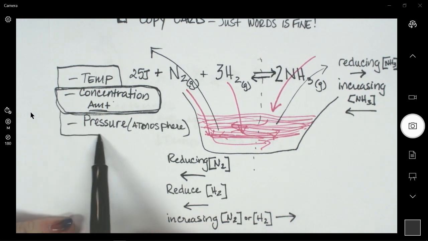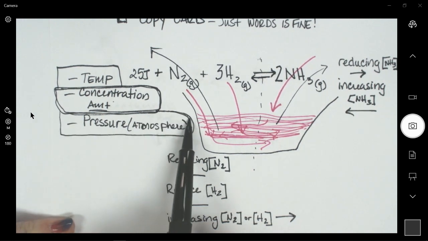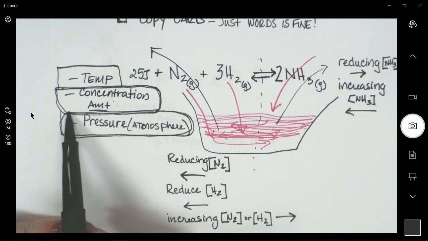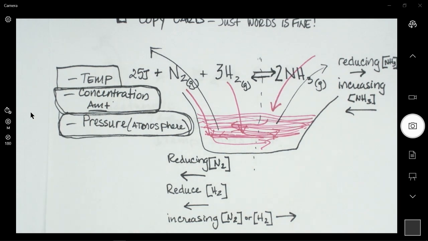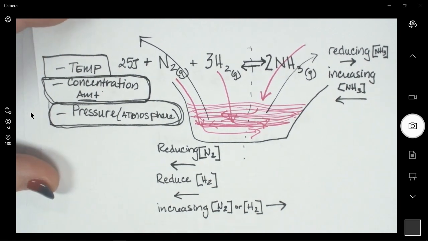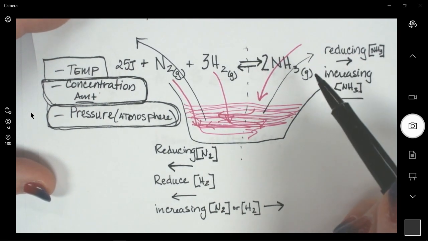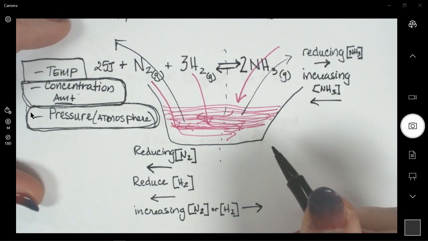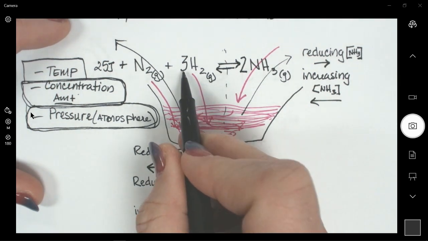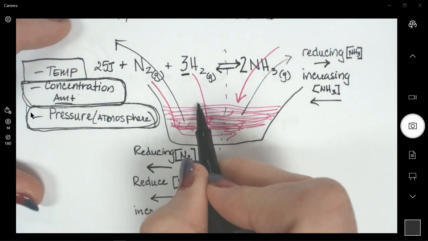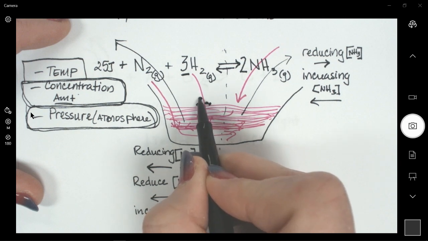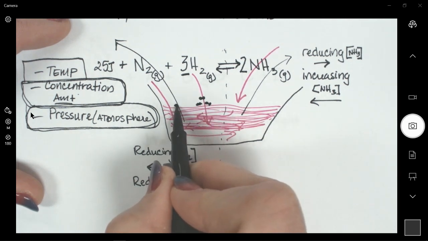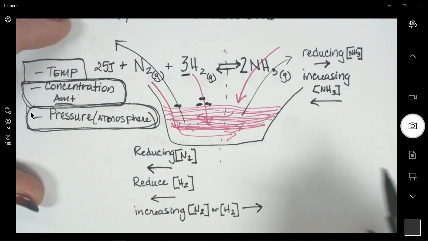So the next stress that a system in equilibrium can have is pressure. So think of, back to our ramekin of ketchup, we have 3 H2s, 1, 2, 3 H2s and 1 N2 on this side.